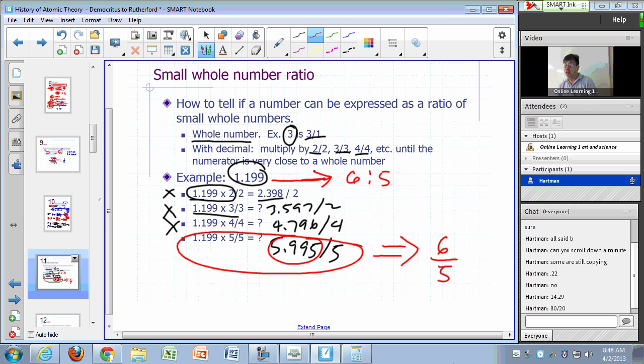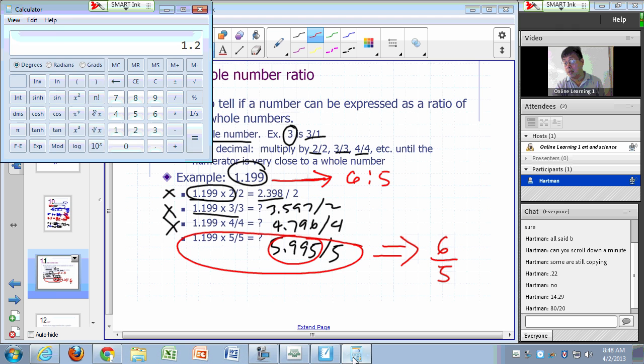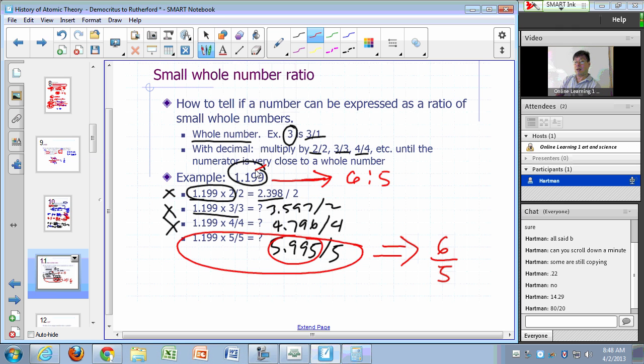In fact, if you divide 6 by 5, you get 1.2, which is really what 1.199 is essentially. Okay, so if you want to know whether a ratio of two numbers can be written as a small whole number ratio to within experimental uncertainty, then you just do this procedure right here. Divide the bigger one by the smaller one. If you get a whole number, then that's a ratio of small whole numbers.